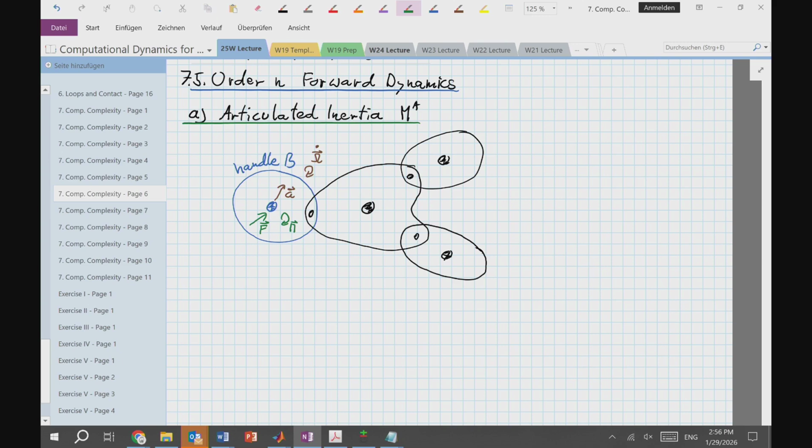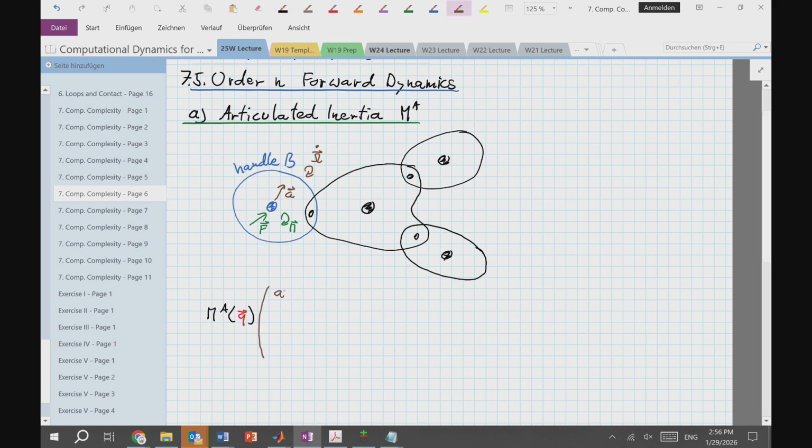And now I make a very bold claim, for now just an unsupported claim, where I say there's going to be some matrix that depends on q. That matrix is going to be a 6 by 6 matrix.